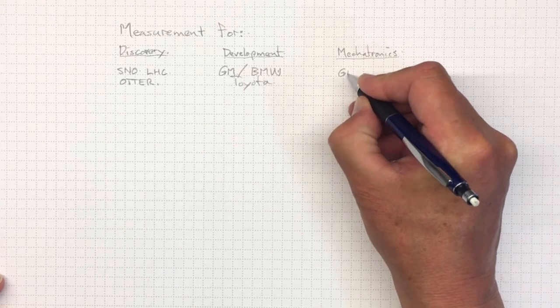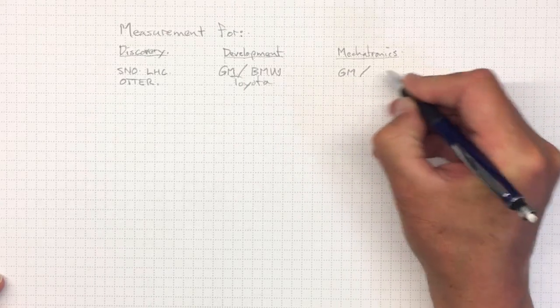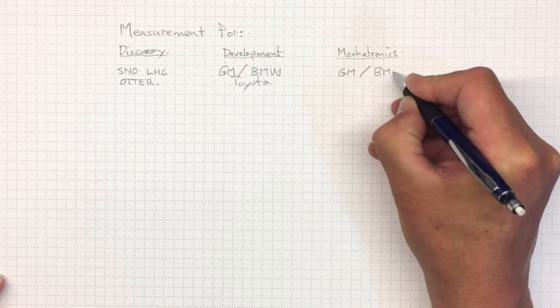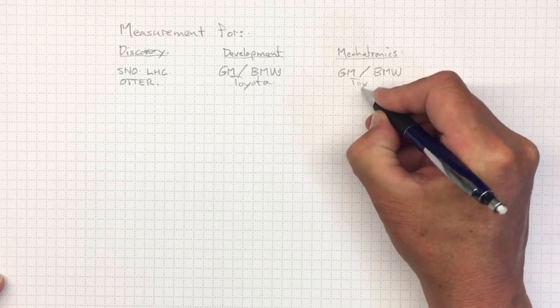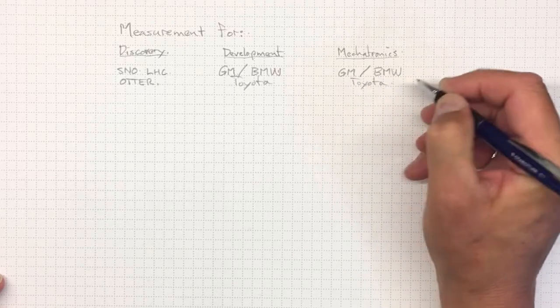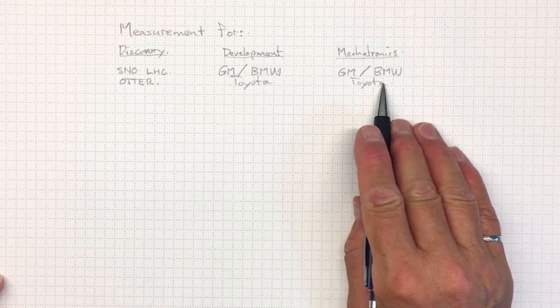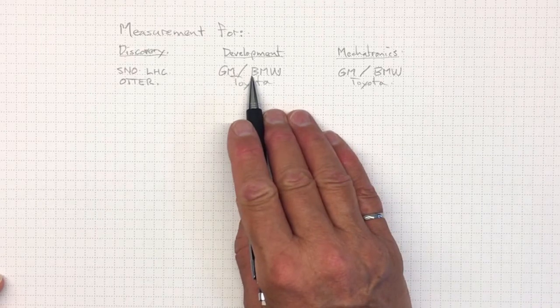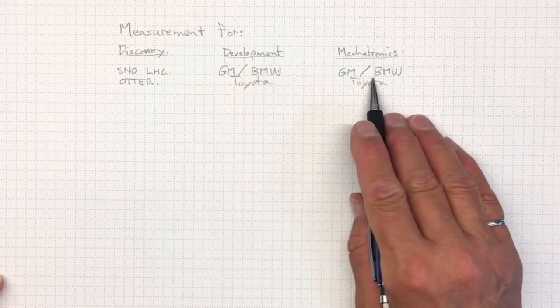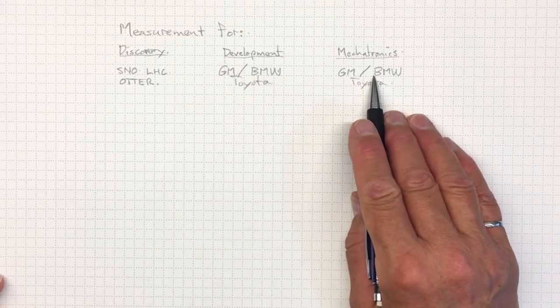So the systems that we're developing are still developed by people like GM or BMW or Toyota for automotive systems. But we're now trying to build them into each and every product we sell. So this is figuring out how to build cars. This is figuring out how to operate an individual car.